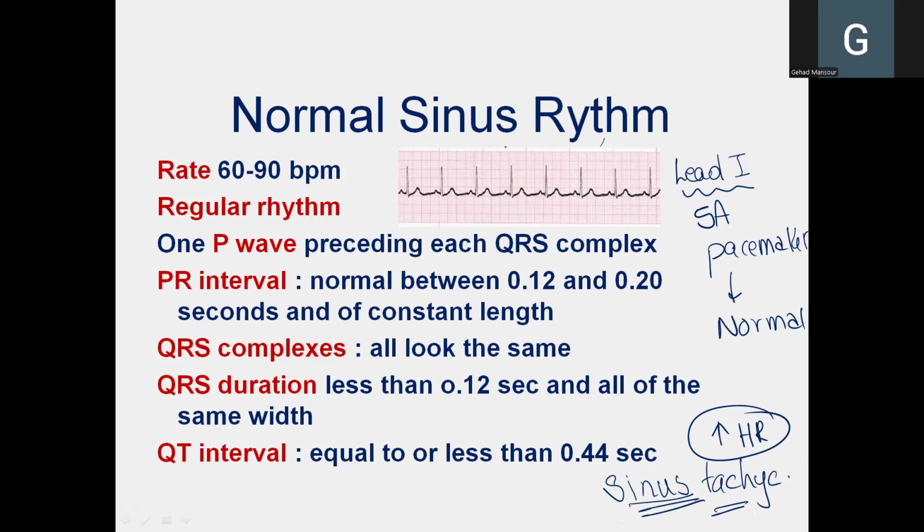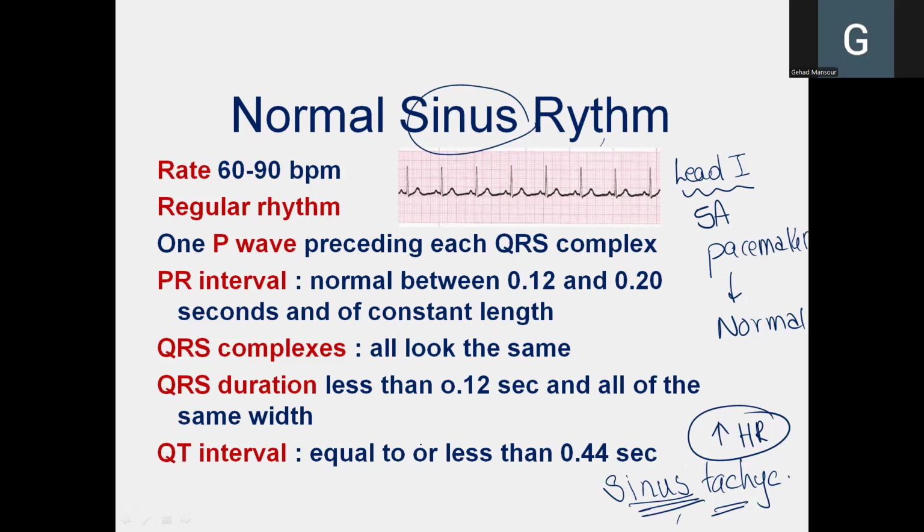So it's not only important to say sinus rhythm, but if you are talking about a really normal rhythm arising from the SA node, it's not enough to say sinus rhythm, but normal sinus rhythm, because there are other abnormal sinus rhythms.